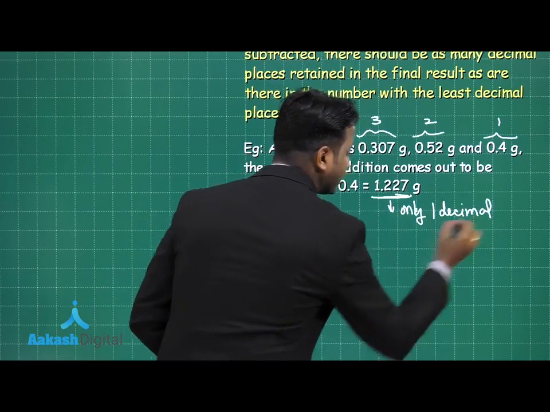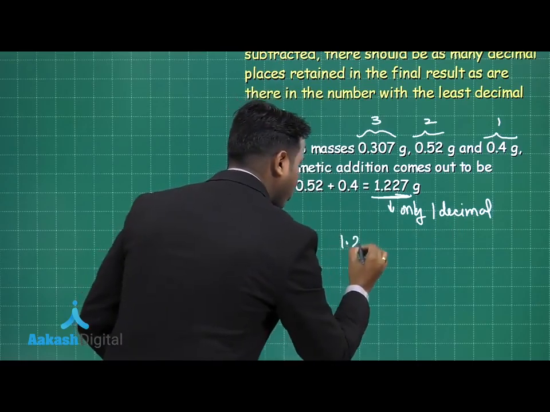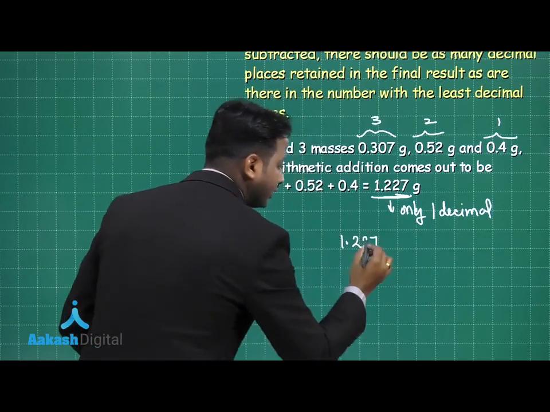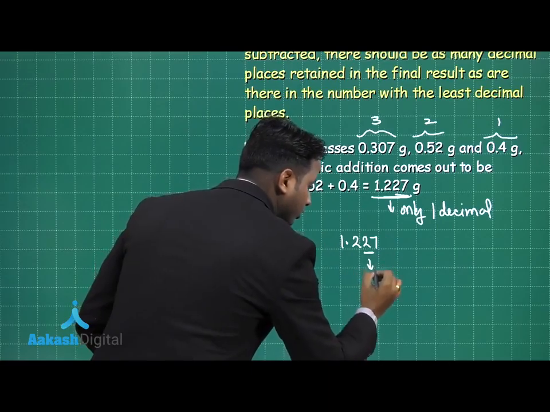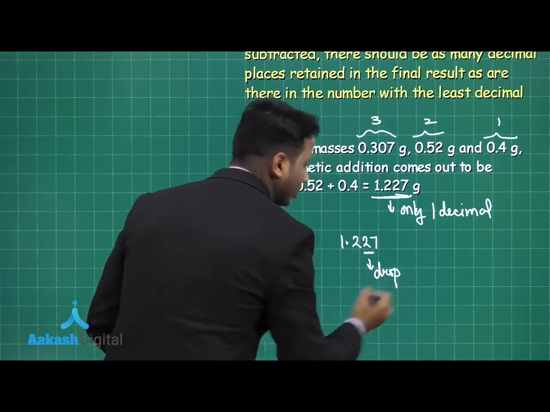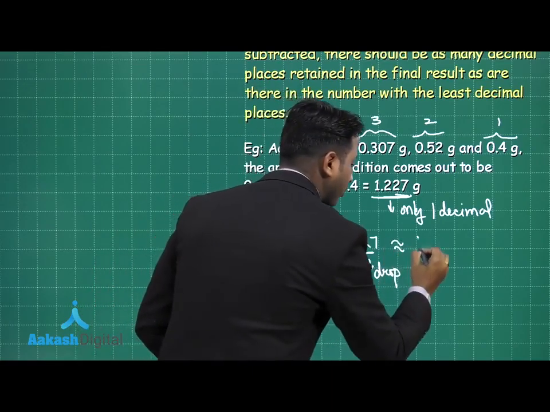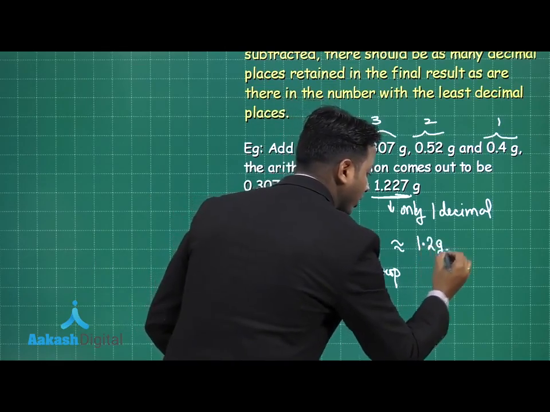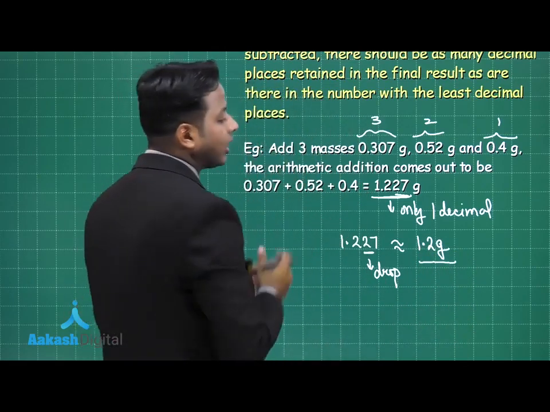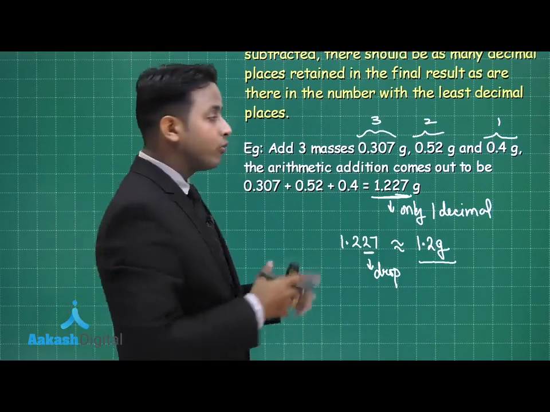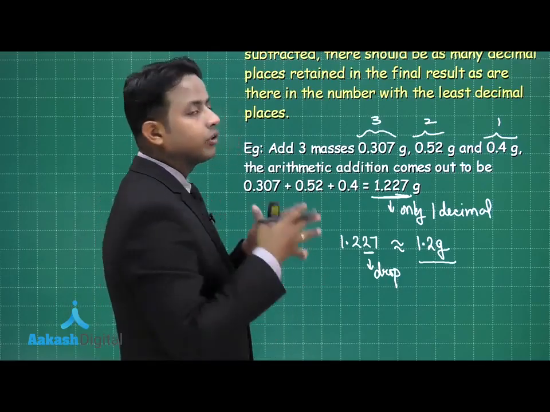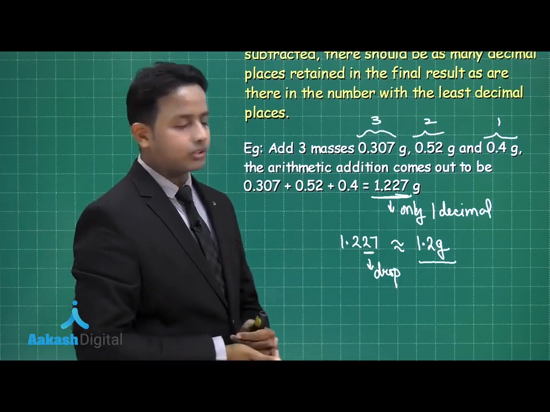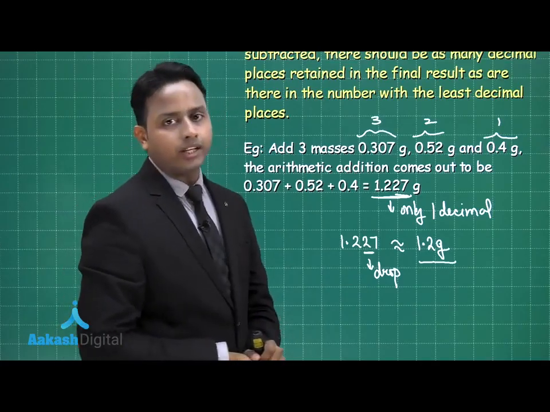And how to do that? In 1.227, I need to drop the last digits in order to get the answer to be approximately 1.2 gram. So that's how the answer should be written while you are doing the operations of addition and subtraction. I hope the idea is very clear to you.